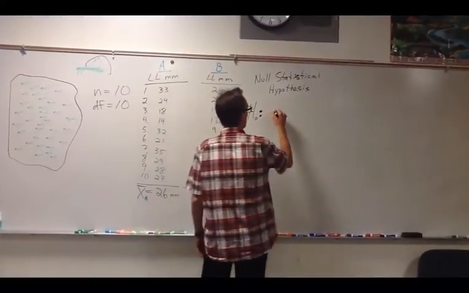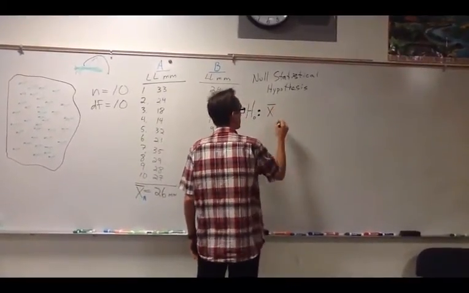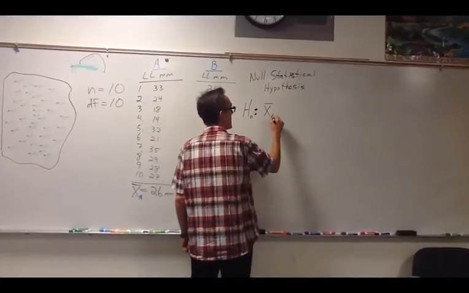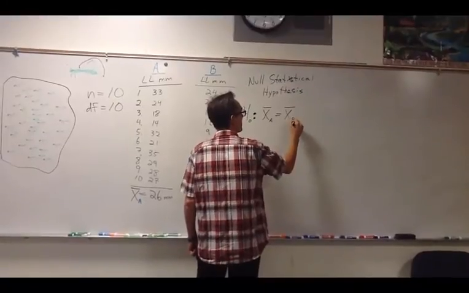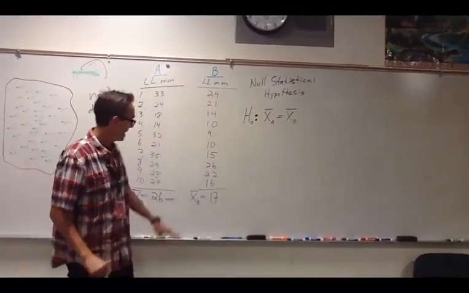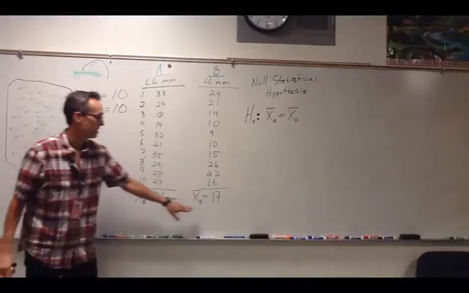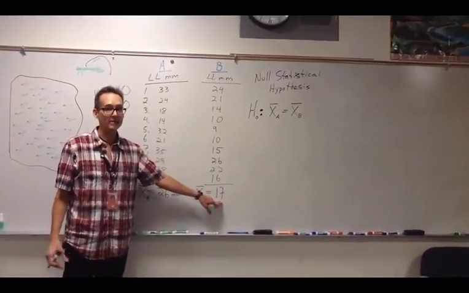So our null statistical hypothesis is that the mean leg length for species A is actually the same as the mean leg length for species B, and we got these differences in our sampling by accident.